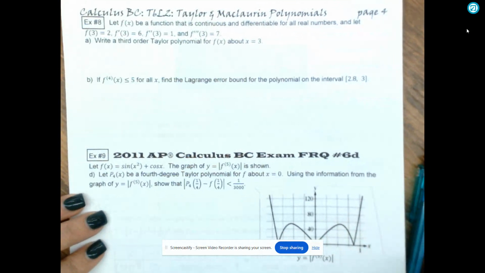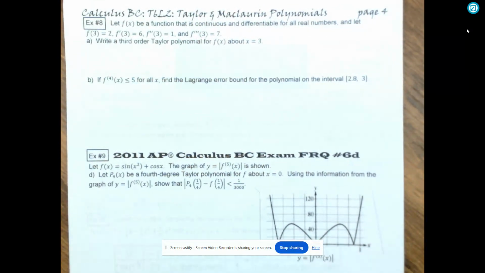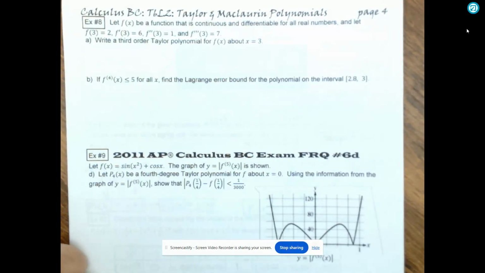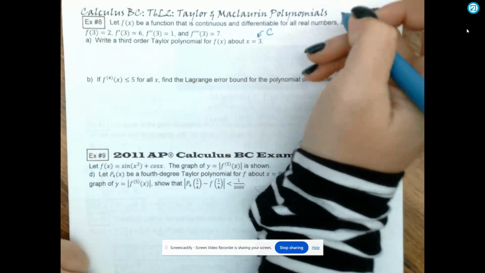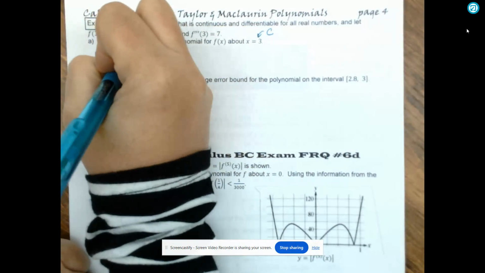Let f be a function that is continuous and differentiable for all real numbers, and let f of 3 equal 2, f prime of 3 equal 6, f double prime of 3 equal 1, and f triple prime of 3 equal 7. Write a third order Taylor polynomial for f of x about x equals 3. So right here, this is our c. We're writing a third order, so that's going to be p sub 3 of x.